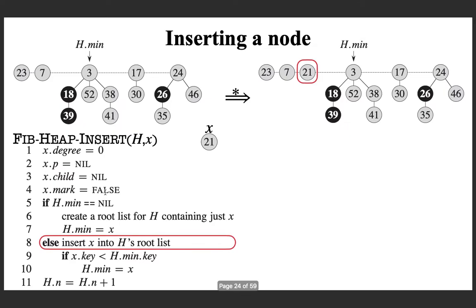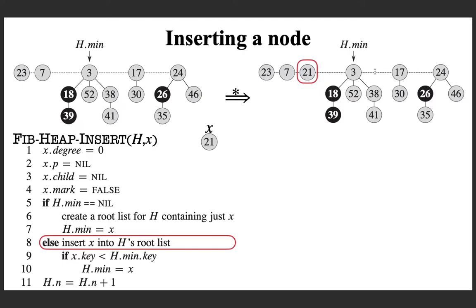Suppose it is not the case, you have a heap like this, then you can just insert a node x into the list, and because the external pointer is pointing to 3, you can insert it just before 3 or just after 3 in a constant time algorithm.